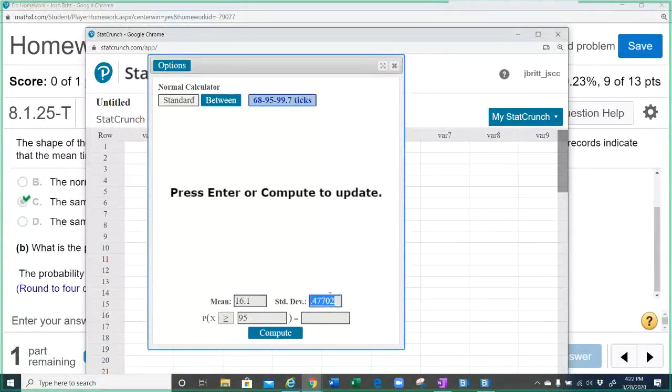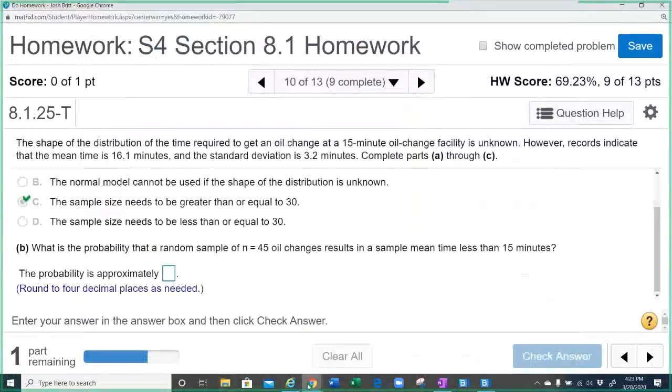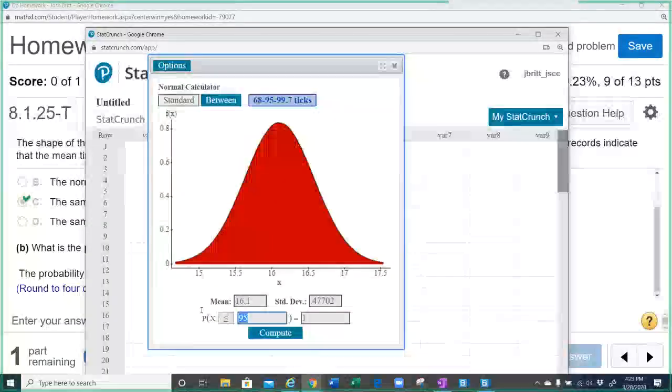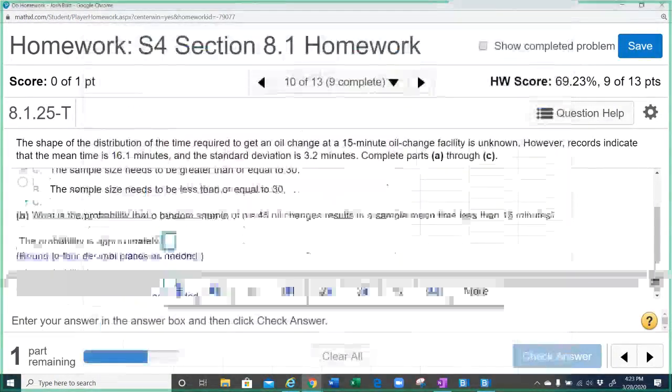Sometimes I'll go 4 or 5, but here you can go as far as you can go. It's not going to hurt to go more decimals than needed. And then we want less than 15 minutes. So let's do less than 15 minutes, and we get 0106.